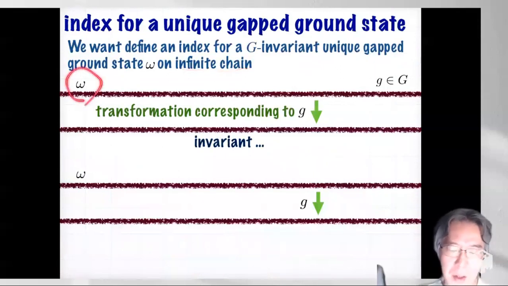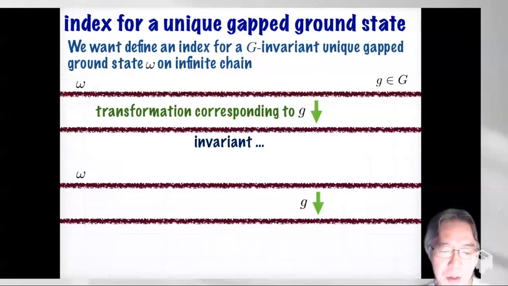So here's omega. To investigate this state, I will make a transformation corresponding to G. Okay, what happens? Well, nothing, because I said omega is G invariant. So nothing can happen. But this is not the end of the story.